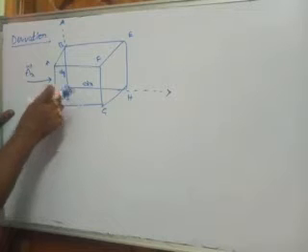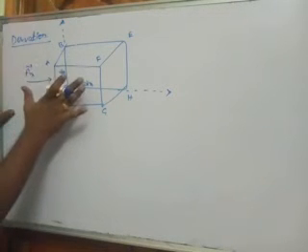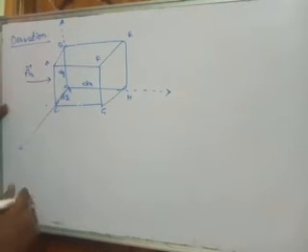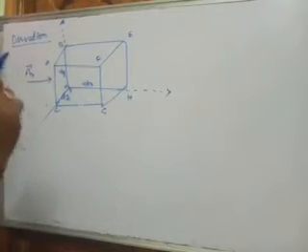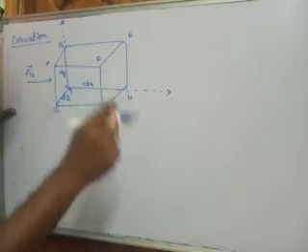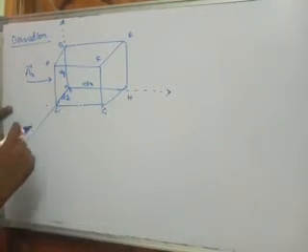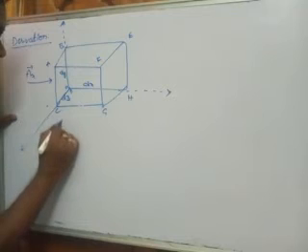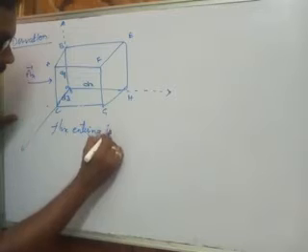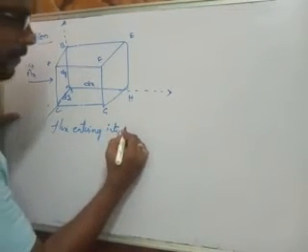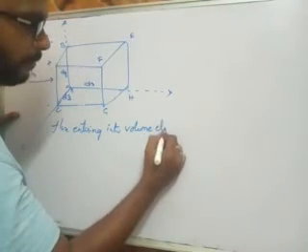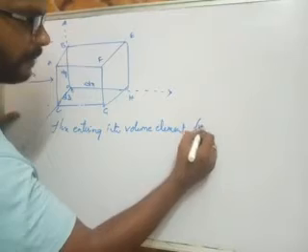Now we have to find the flux entering into the volume element from the left side. So how can we write flux? We know that flux can be written as the number of lines of force passing through the area. So flux entering into the volume element from the left side.